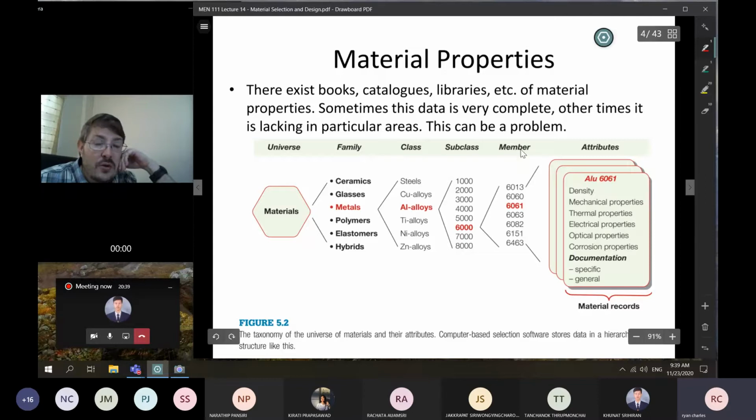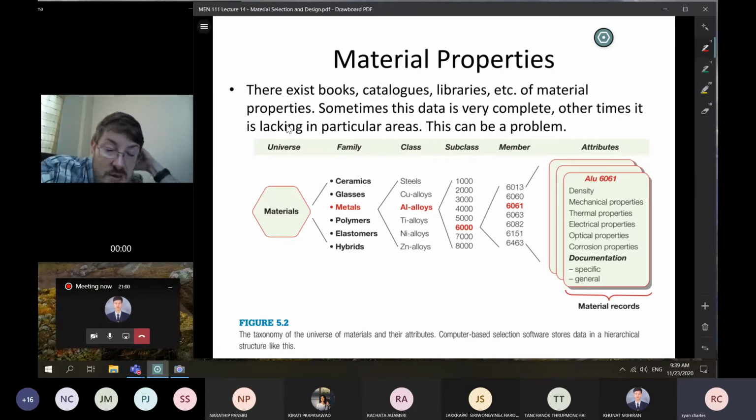It could be in tables, it could be in graphs. Sometimes this data is very complete for a particular material if it's well used, or it might be lacking. You could be missing particular properties for a material because perhaps that material is just not suited for that use. So no one bothered measuring the properties. It's expensive to do. Or it's a new material that no one's gotten around to examining yet.